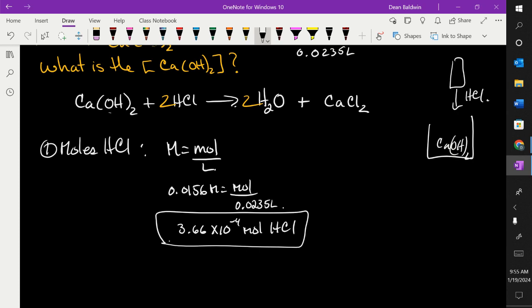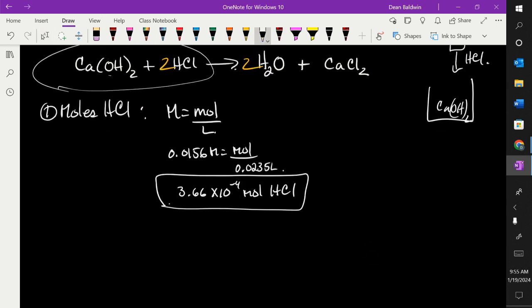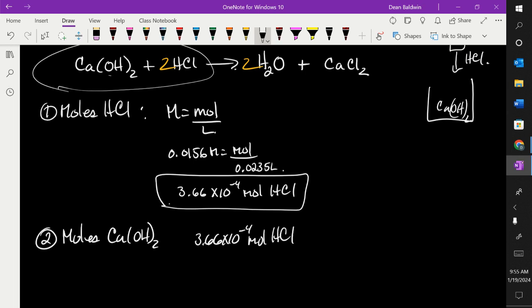So what am I going to do now? It has to do with the equation. How many moles of HCl do you need to react with 1 mole of calcium hydroxide? 2, right? 2 moles of this react with 1 mole of that. So figure out the moles of Ca(OH)2. And that's just going to be 3.66 times 10 to the minus 4 moles of HCl.